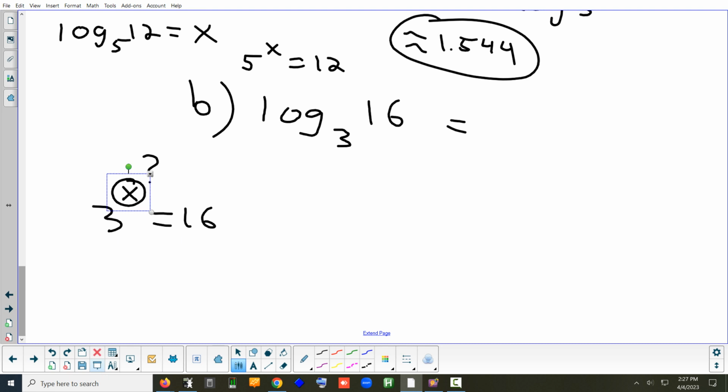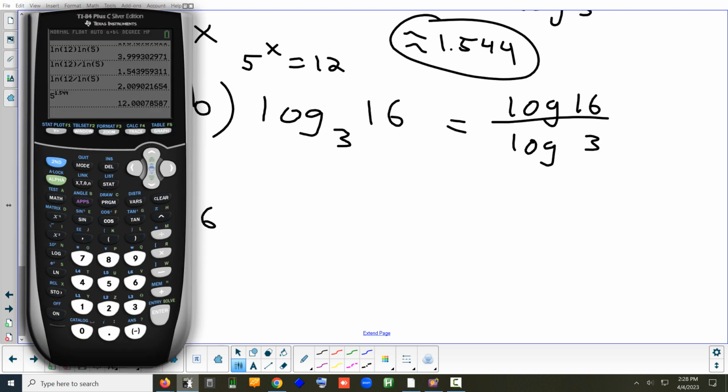What is it exactly? Well, let's do this. What would go in the top? Log 16. Yep. And since Tony decided to use logs, we have to stick with logs all the way through the problem. And what would go in the bottom? Log 3. So let's see if we get something that's in between 2 and 3.